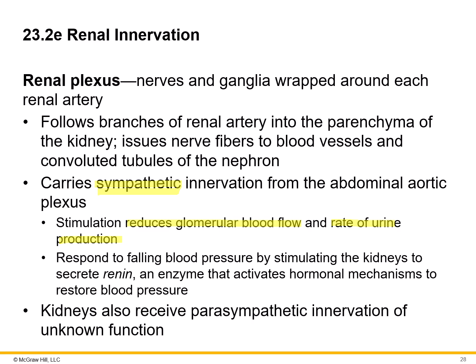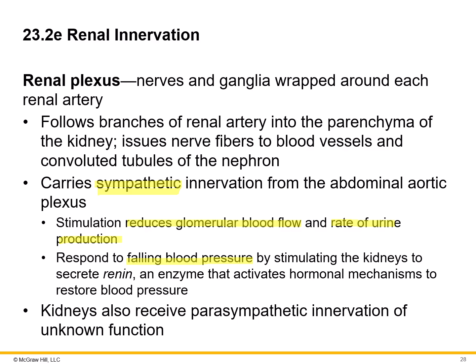Now, we also see that we can control some of that output. We can send signals to our kidneys through this sympathetic innervation in response to falling blood pressure. Remember, when it comes to blood pressure, blood volume plays a big role, and blood volume is all about how much water you have in your blood.